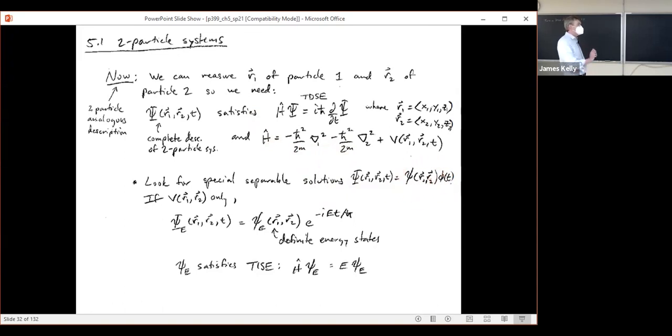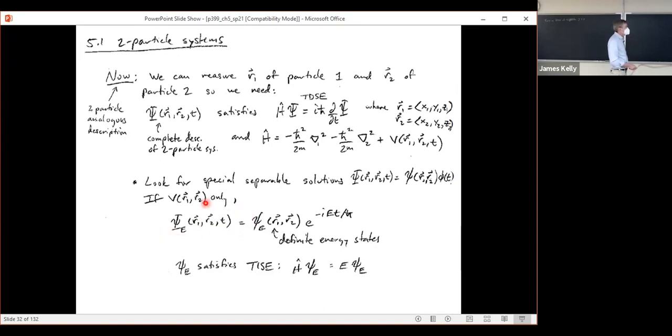The separation of variables works exactly the same way, and the time factor works exactly the same way. So it's not worth going through again, but you can try it yourself, or I'm not sure to what degree it's spelled out in Griffiths.